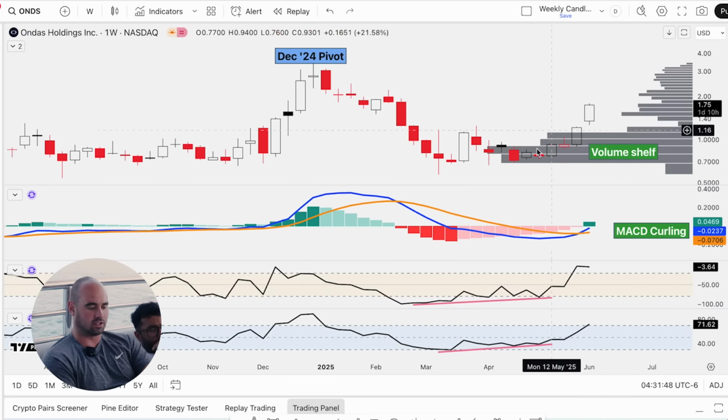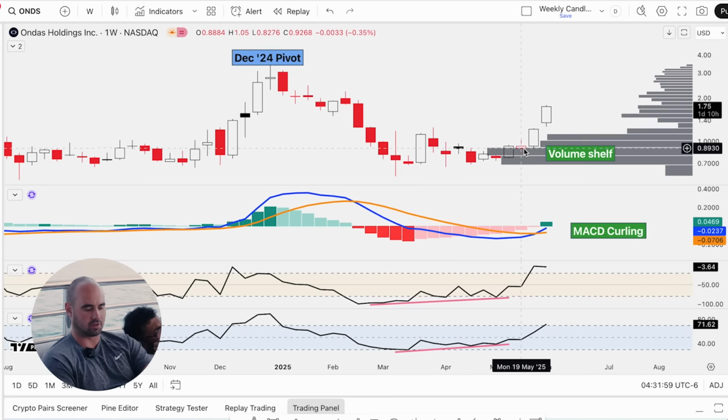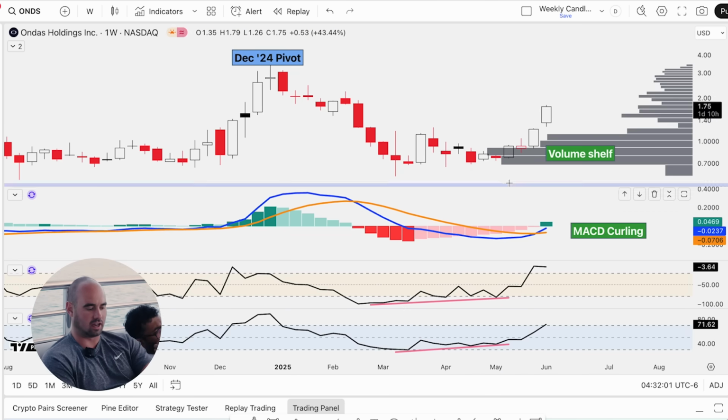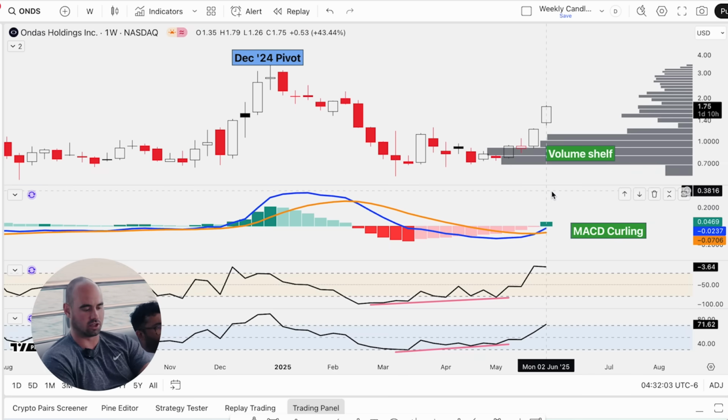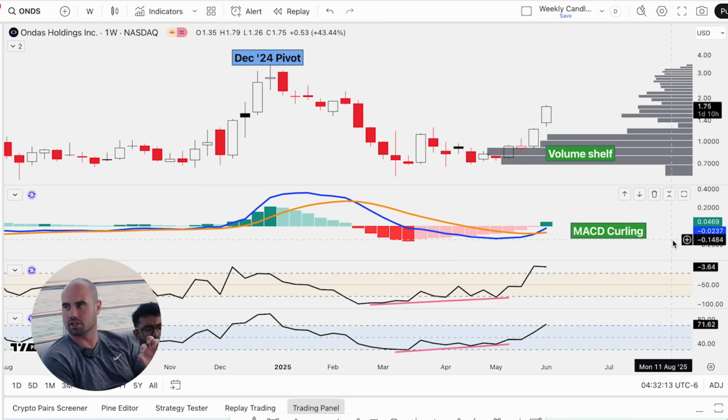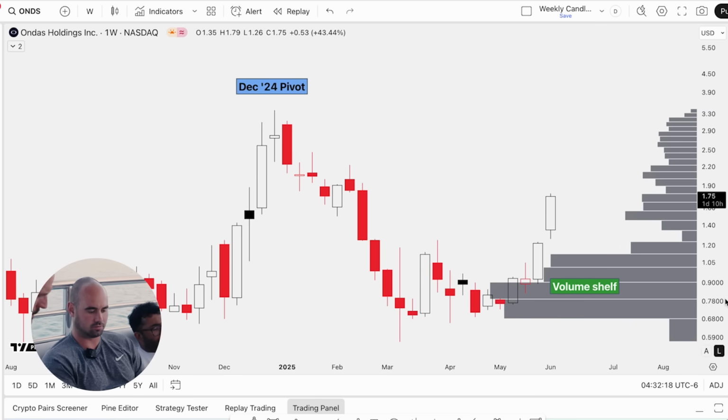So the ideal setup here is when you're starting to get these positive candles, it's decent, but you still have a little of this supply you need to get over, right? So you essentially wait for this type of candle where you've got the close, and in this case you did have technically a close above this long volume bar here. It's called the point of control. Each one of these little rows represents volume at a specific price range, right?